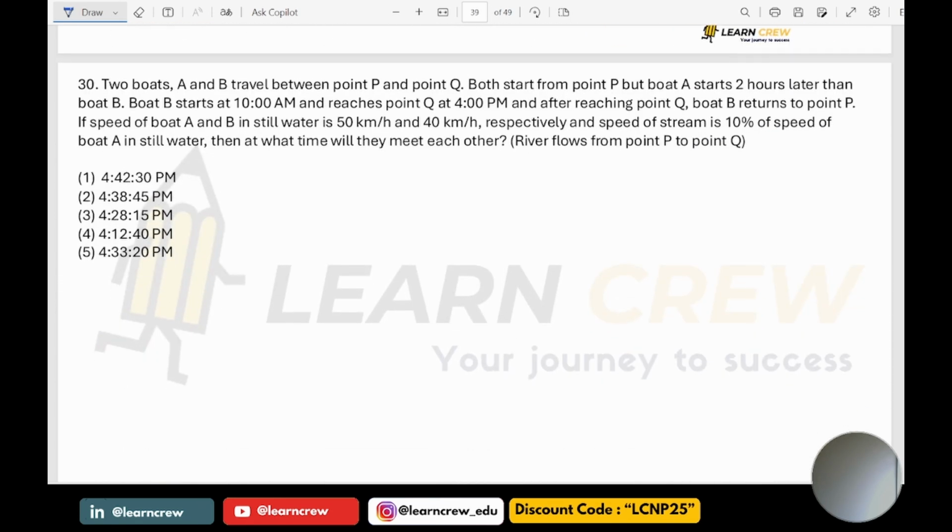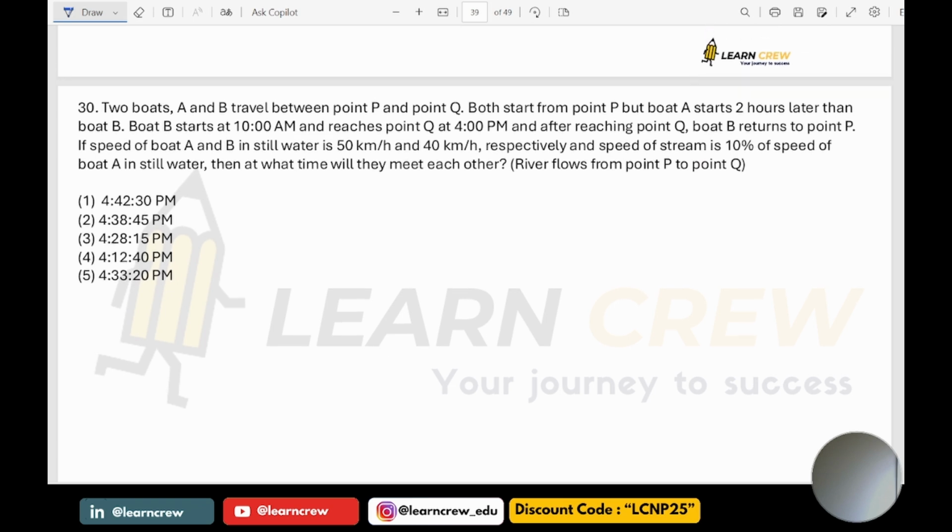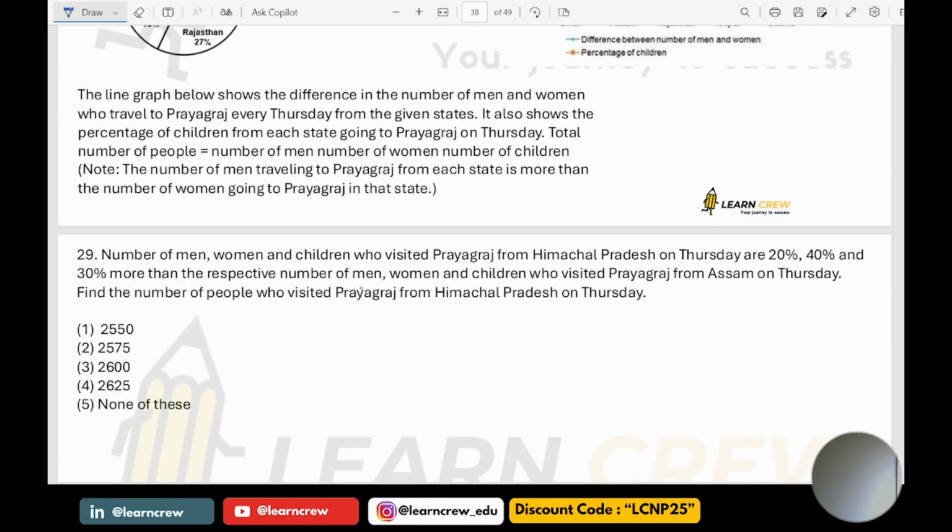29th question. 30. Is it covered? The number of men, women and children who visited Prayagraj from Himachal Pradesh on Thursday are 20%, 40% and 30% more than the respective number of men, women and children who visited Prayagraj from Assam on Thursday. So how much are you going to get?